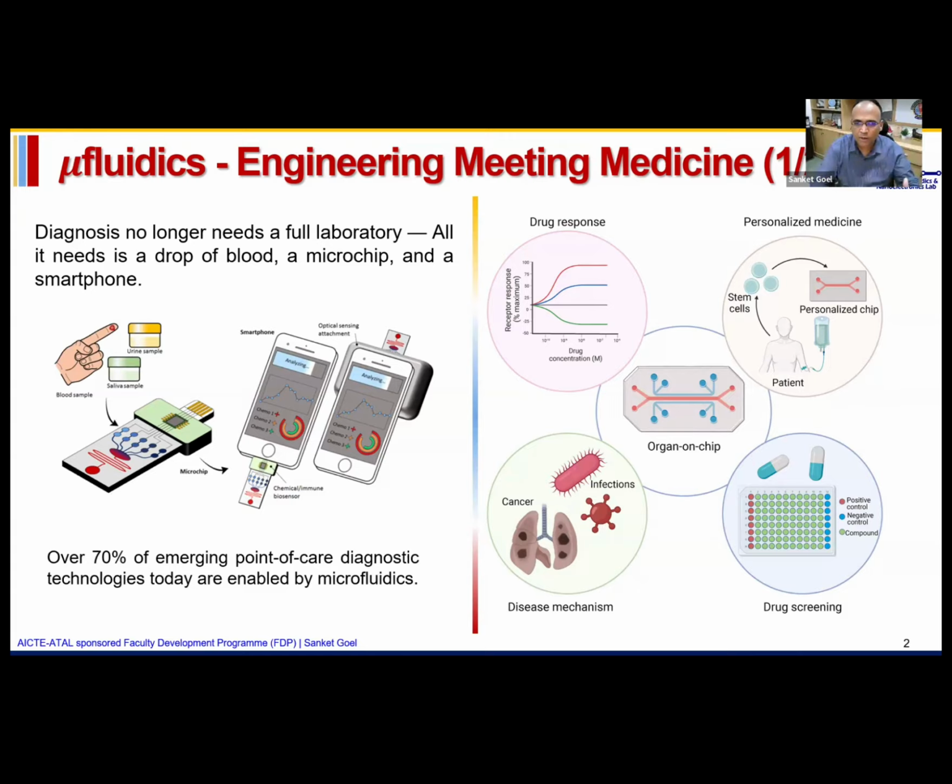This is the entire scenario which is changing at this time. So you can see how the drug will respond, how we can create personalized medicine, how we can try to fight some of the very common diseases like cancer or dengue and many other infectious diseases. Personalized medicine is a very important area. People are trying to do entire genome sequencing. I hope we all know that the human genome has 3 billion bases.